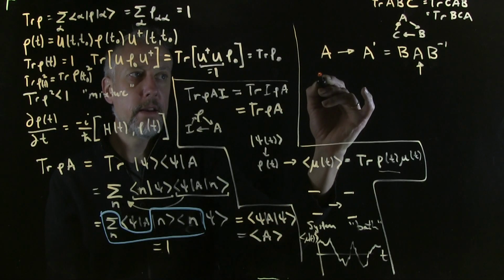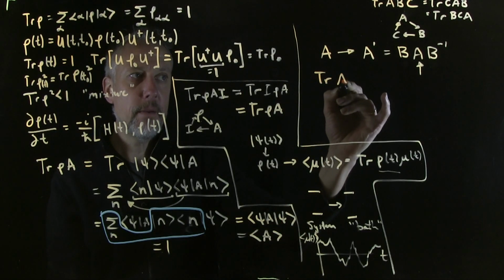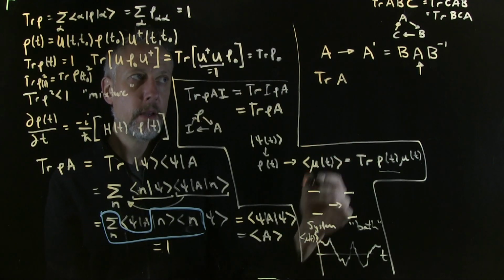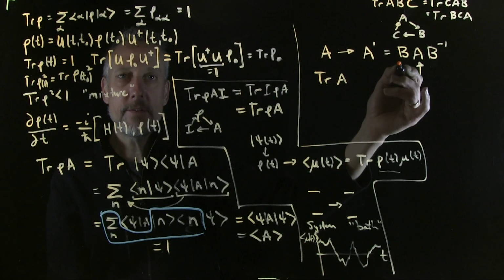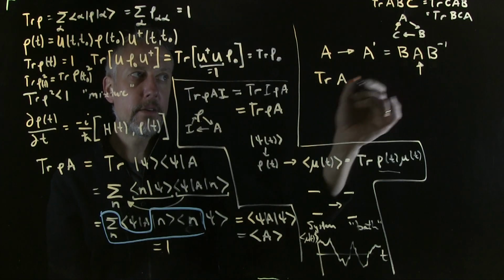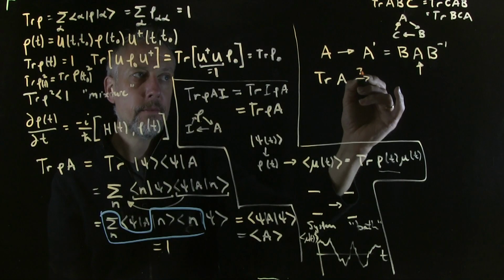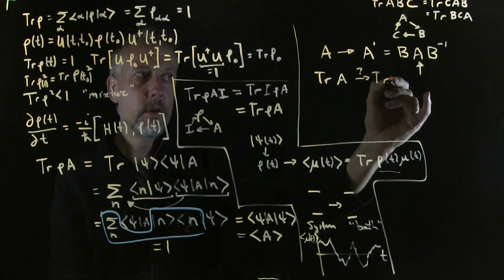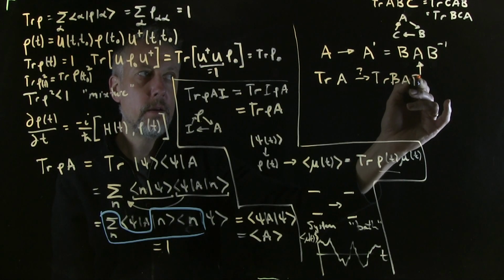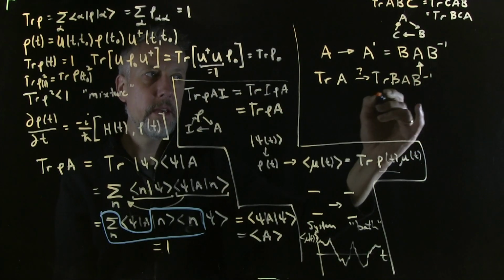So if I imagine the trace of whatever A happens to be, we want to ask the question, how is this related to the transformed version of A? Well, we write it down. Trace B A B inverse. What do we see?